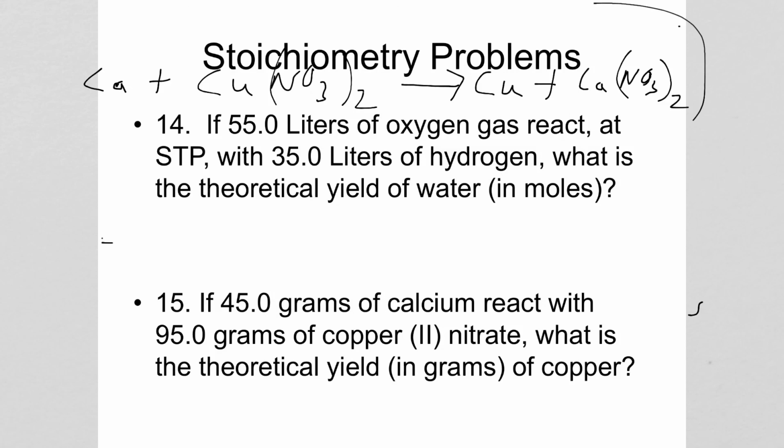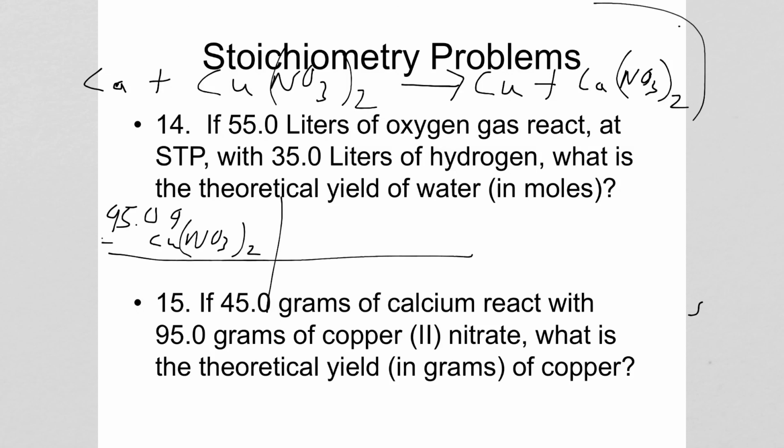So we're going to say 95 grams of copper 2 nitrate, do our chart. Use the molar mass. Molar mass for copper 2 nitrate is 187.56.